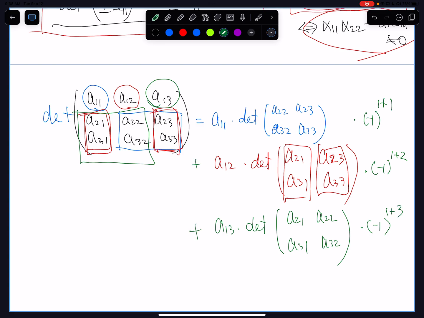So this 1 and 1, I'm referring to 1 and 1 here. 1 and 2, I'm referring to 1 and 2 here. 1 and 3, I'm referring to 1, 2, 3 here. So 1 plus 1 is this one, 1 plus 2 is here, 1 plus 3 is here. So this is how you define the determinant of a matrix.